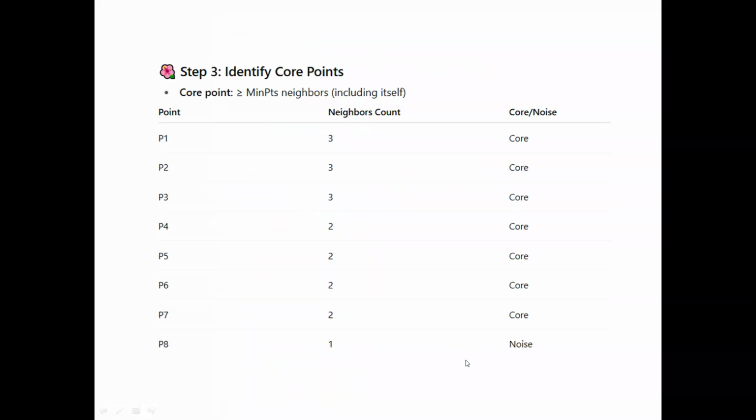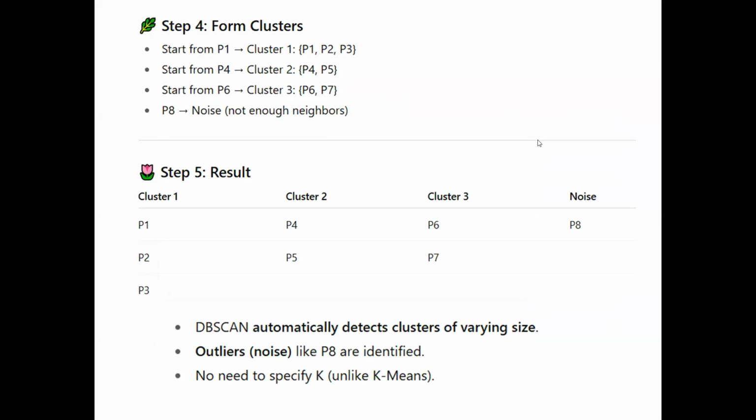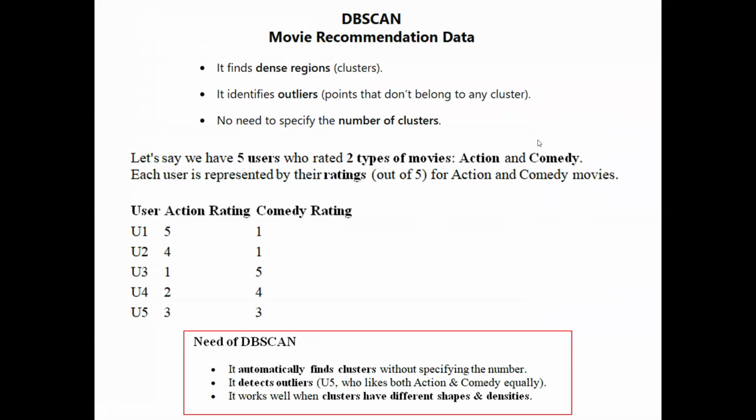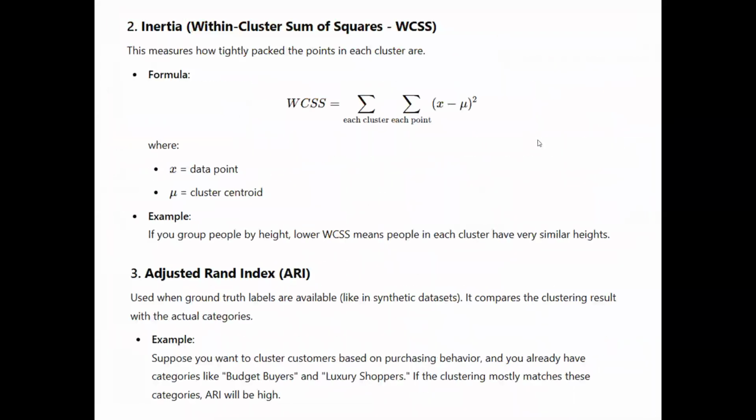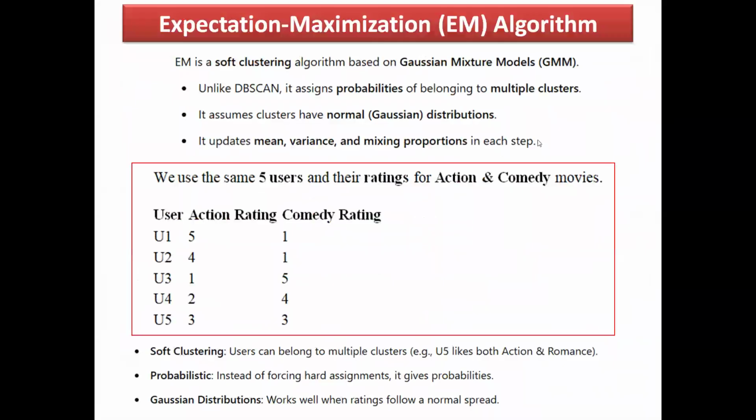Then identify core points. How many neighbors are there? p1 has 3 neighbor points, p2 has 3 neighbor points. So whether these are core or not. Once these are decided, after that we form the specific clusters. Whatever data set you are having, I'm showing you that specifically.